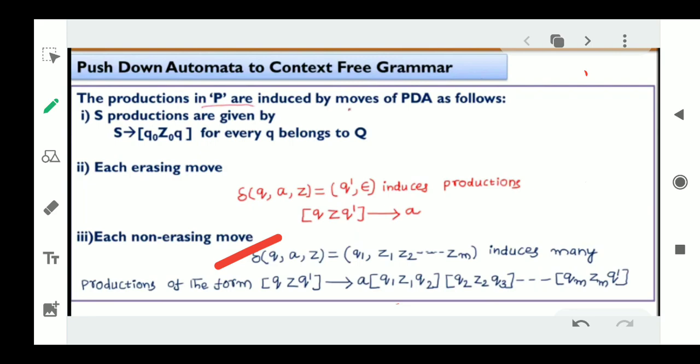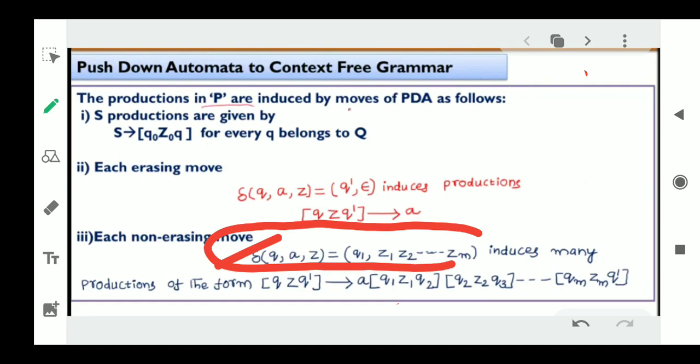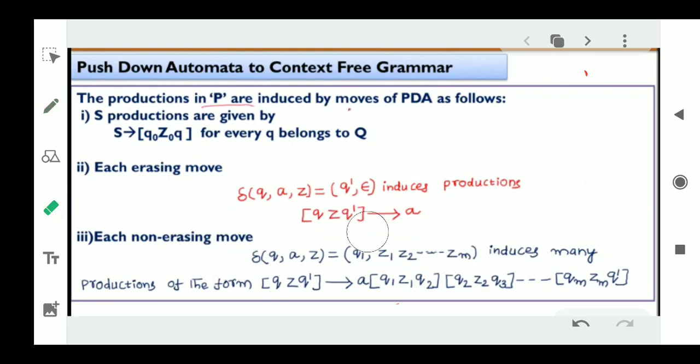So identify all the PDA transitions where the push operation is taking place.